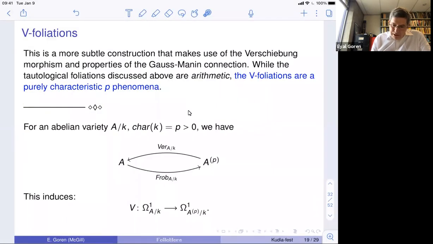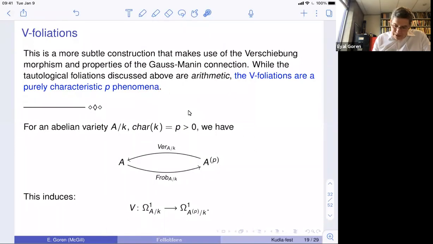This is, in a sense, a more subtle construction. It uses Verschiebung and very particular properties of the Gauss-Manin connection. And while the tautological foliations were something we could discuss arithmetically, this is a purely characteristic p phenomenon.